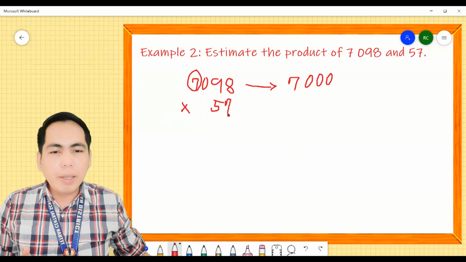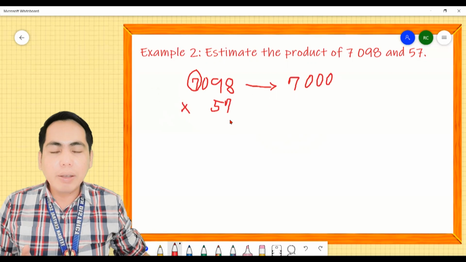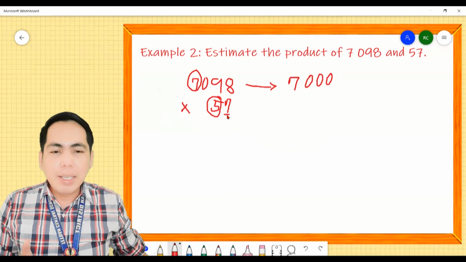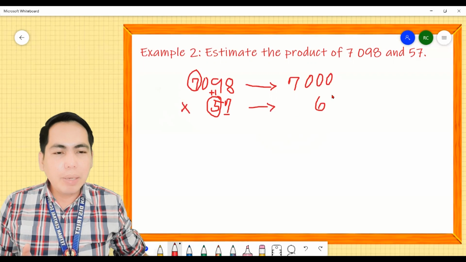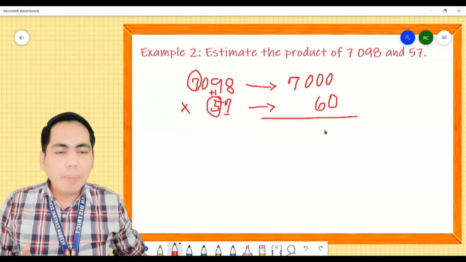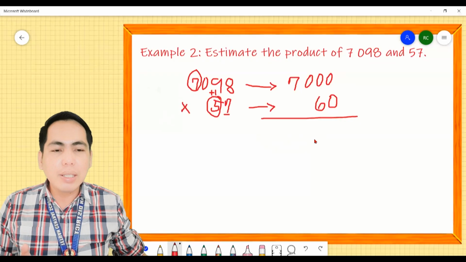Next, 57, the highest place value is tens, and the digit in the tens place is 5. After the digit 5 to its right is the digit 7. Since this is 7, we have to add 1 to the digit that we are rounding off. 5 plus 1 will be 6, and then the 7 will be replaced with 0. So we have now here the rounded off values, 7,000 times 60.